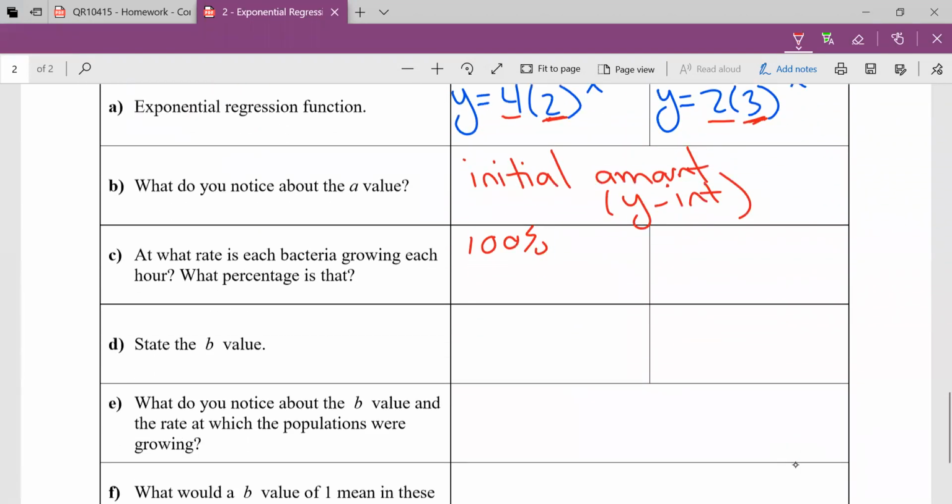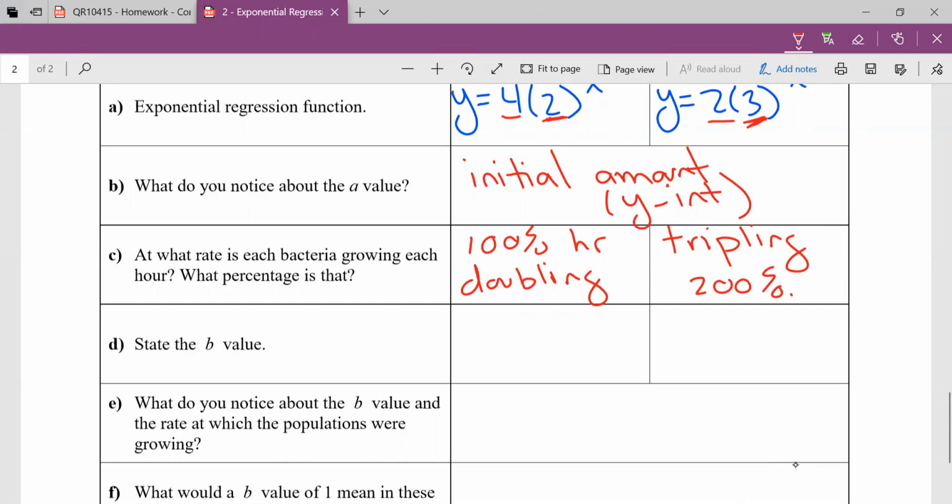It's growing 100% an hour. Another way to say that is it's doubling every hour. For the second one, the b value is a 3, so I'm going to say it's tripling. That's the same as saying I'm going up by 200%.